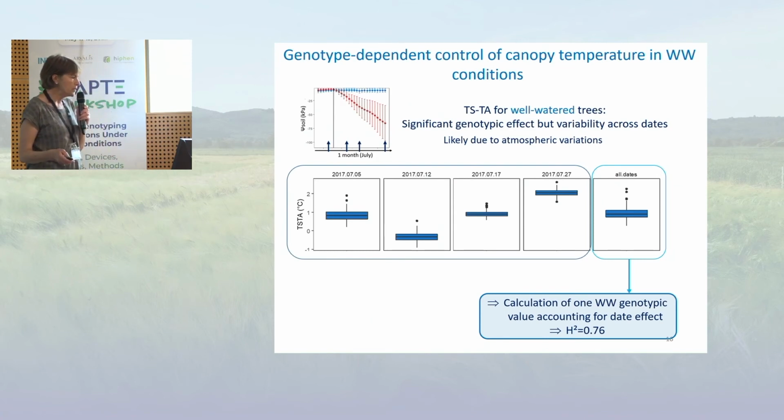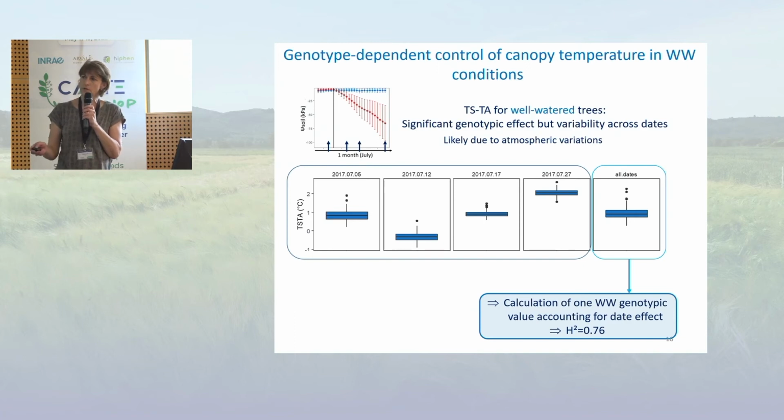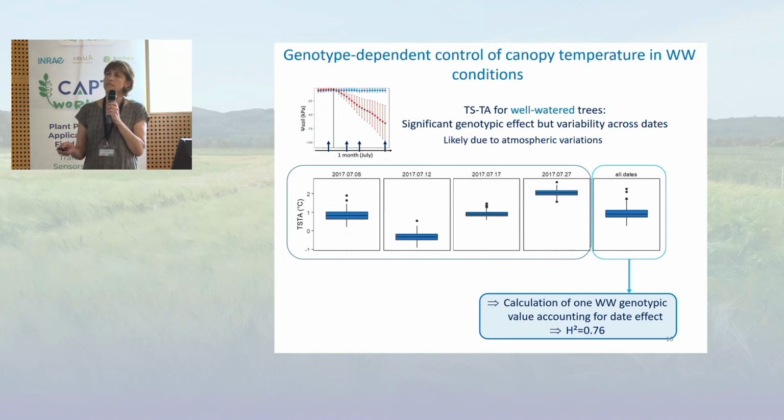If now we look at the variable of leaf temperature surface compared to the air, here we have this variable for the well-watered trees, and you see that this variable is not constant on the different dates in which we had the flights. This is the first date, and then during the month of July, we had a progressive increase of this variable.